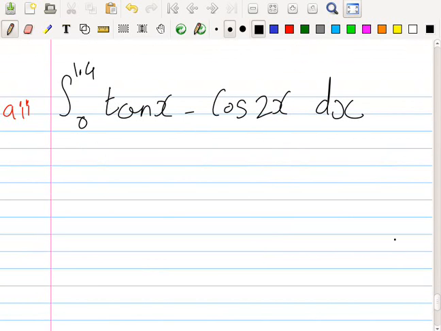Now look at the formula book. Is there a formula for tan x? No. Do you have a formula book? Guys, please. Is there a formula for tan x?